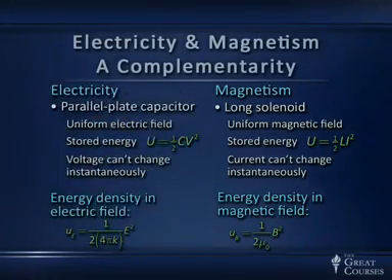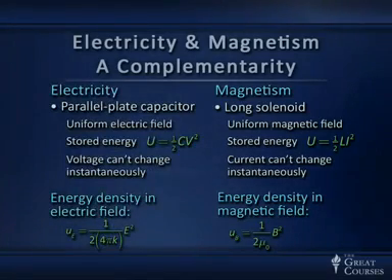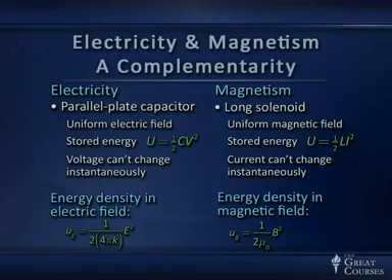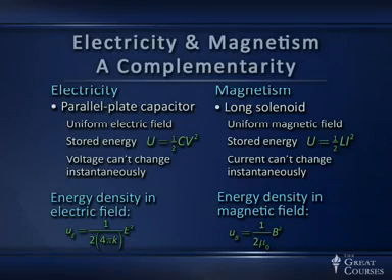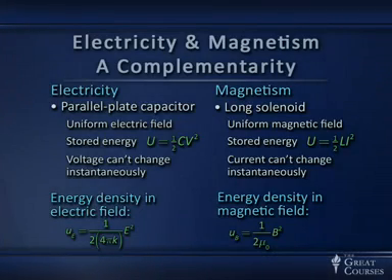So there is this complete complementarity between electricity and magnetism, and these mundane practical devices, capacitors and inductors, have helped us to see this profound complementarity and almost equality or analogy between electricity and magnetism that pervades the entire universe and gives electric and magnetic fields one of the most important quantities in physics, and that is energy.